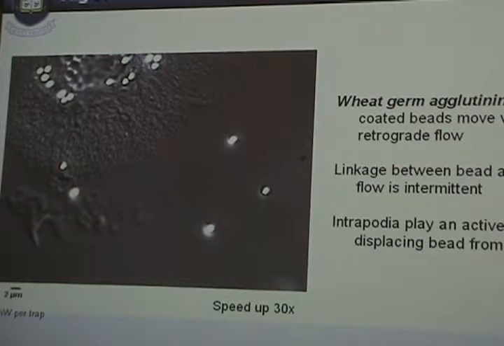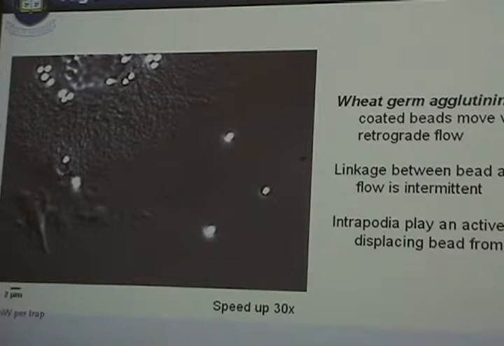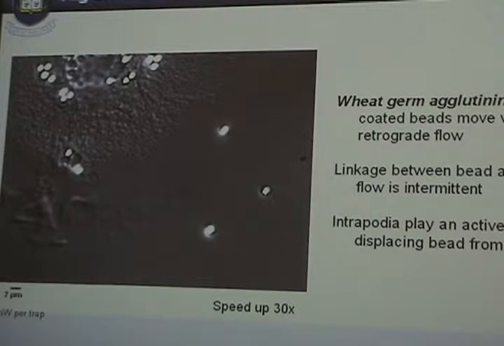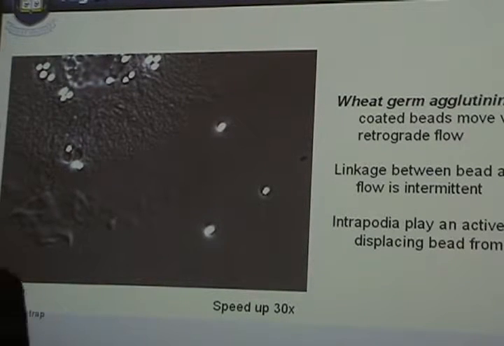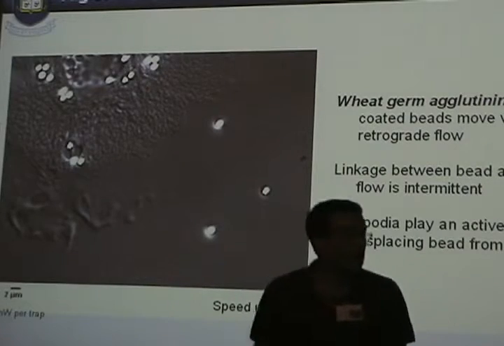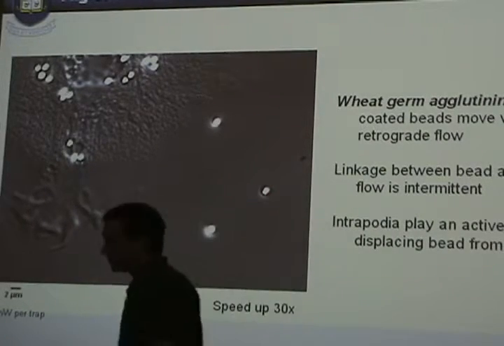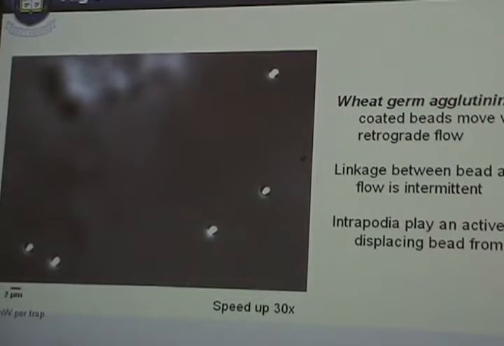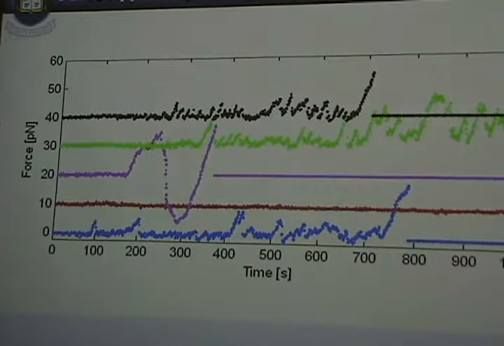Experiments like this allow us to probe the mechanisms by which the clutch inside of the cell works. By precisely calibrating our optical traps and carefully analyzing these movies, one can create data records that look like this.